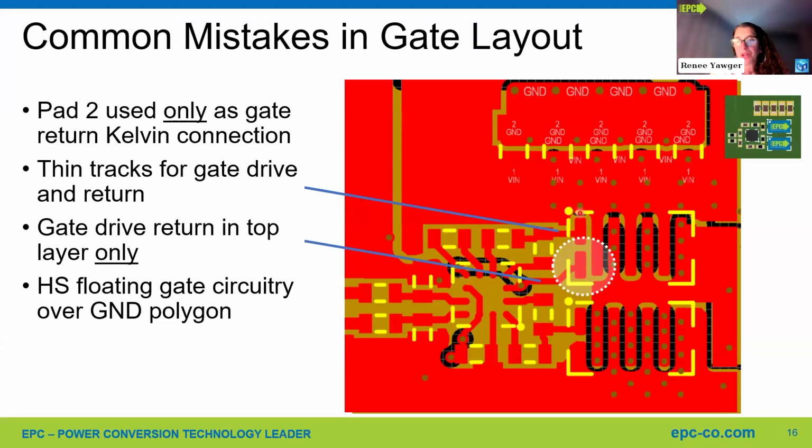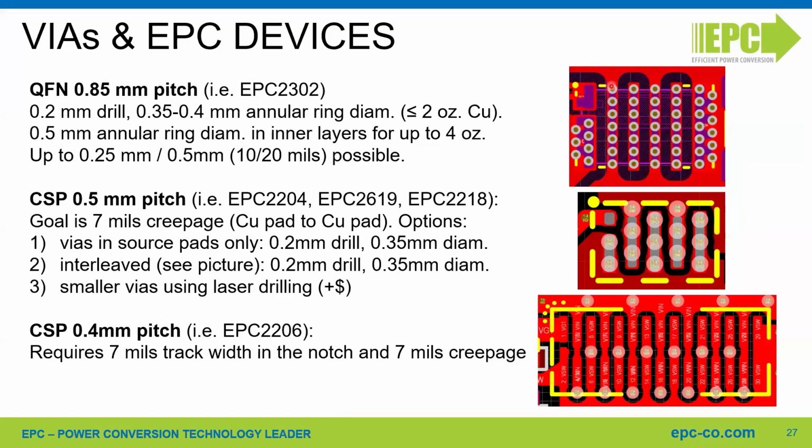Okay. Regarding the via placement, is it better to have the vias directly on the footprint or close but not directly on top of the footprint? It's better to have the vias in the footprint, in the pads, if there is space to do that. It's highly recommended to have vias in pad. Vias in pad are good for reducing the inductances, to connect better to the inner layers, to reduce the resistance, and also to improve the thermal transfer from the device to the inner layers of the PCB.